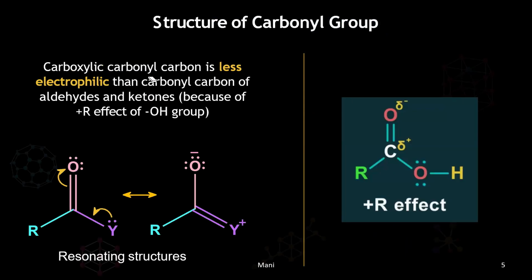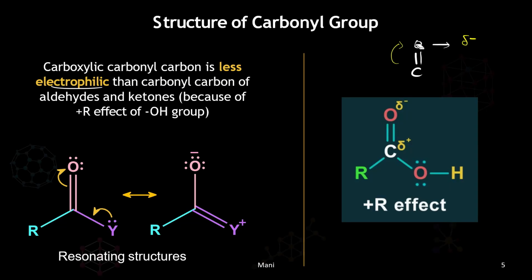Next, the carboxylic carbonyl carbon is less electrophilic. What is a carbonyl group? The carbonyl group is nothing but carbon and oxygen combined by a double bond. Here the oxygen carries a partially negative charge, because the oxygen pulls the bonding electrons towards itself.